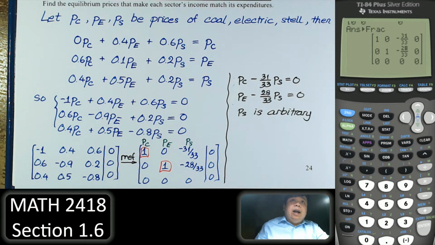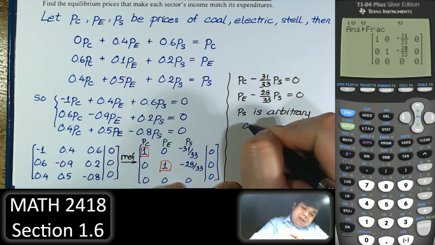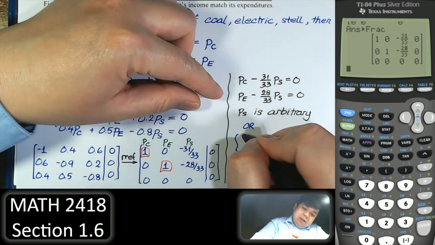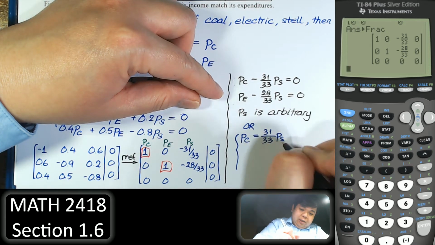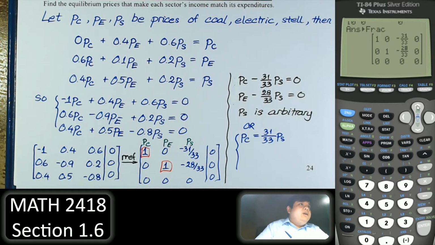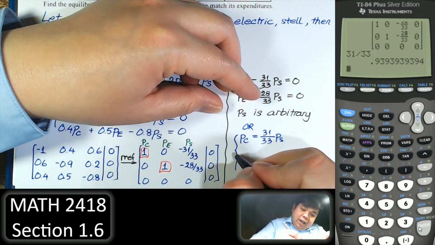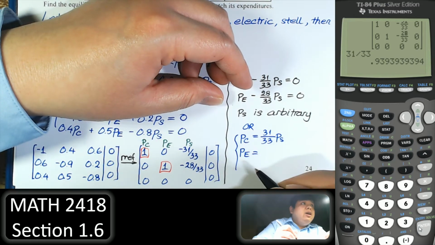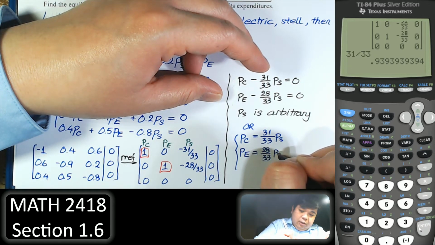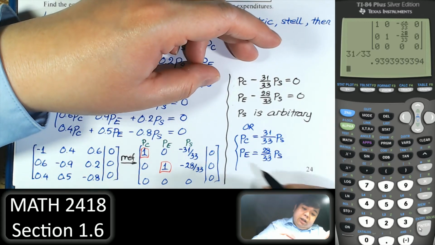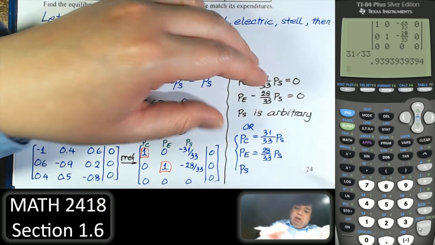Right, and then we can rewrite this as: the price of coal is 31 over 33 times the price of steel, so that's about 0.93 something, and then the price of electric is 28 over 33 times the price of steel, and the price of steel is whatever it is, arbitrary.